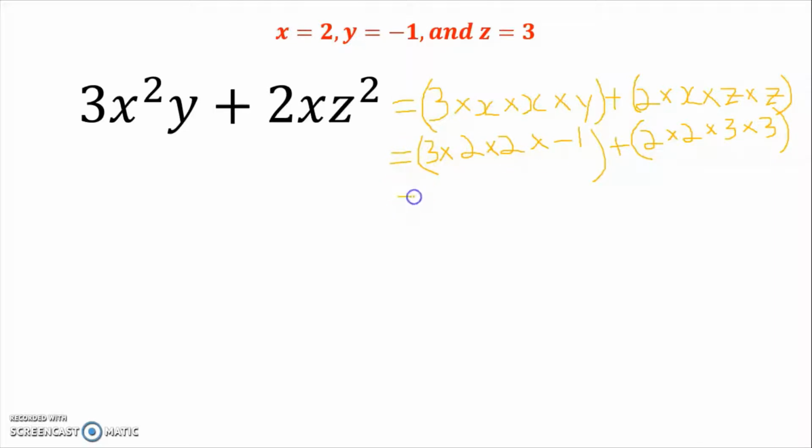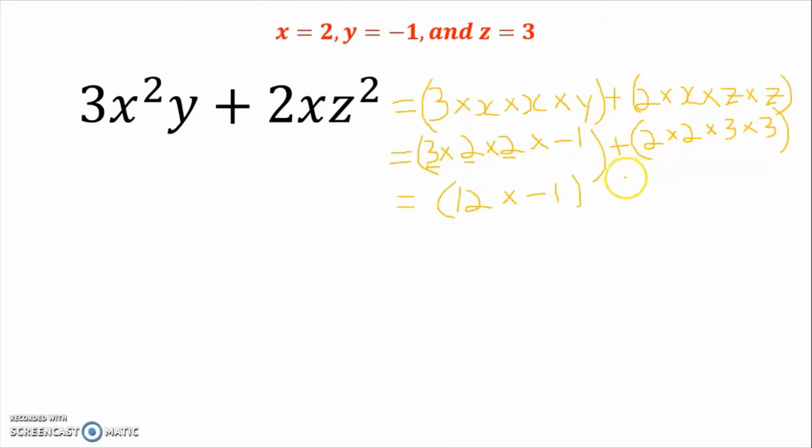Now 3 times 2 equals 6, and 6 times 2 equals 12. So we get 12 times -1. Put that in brackets.